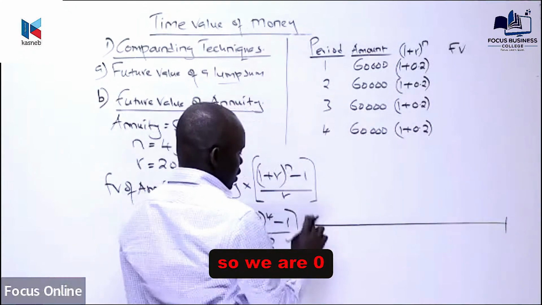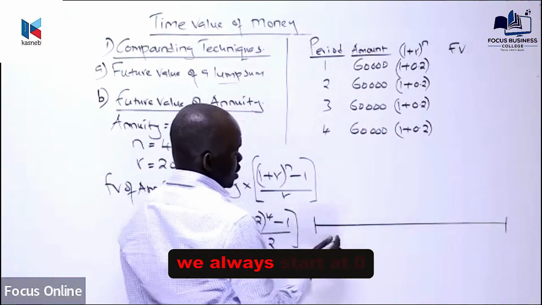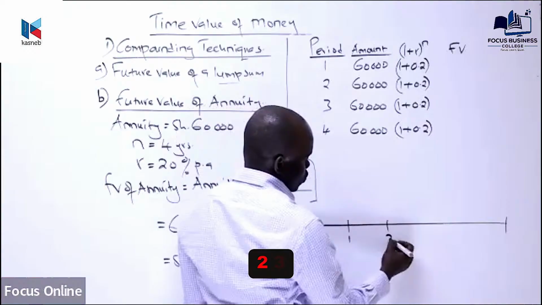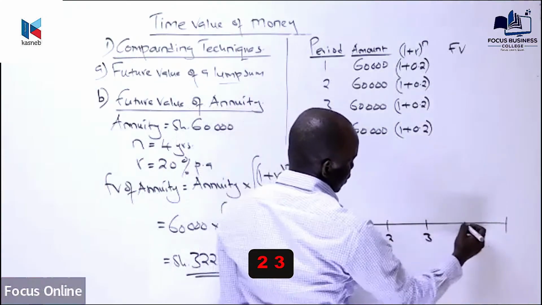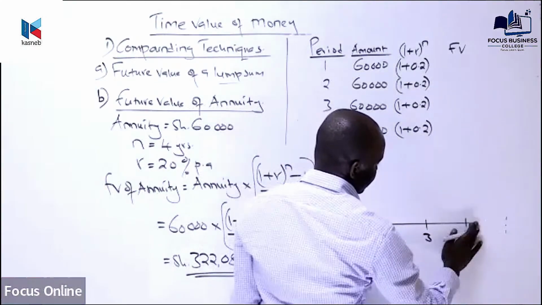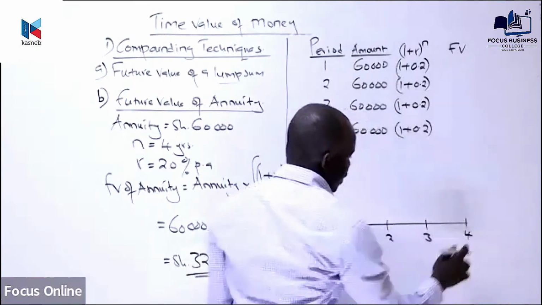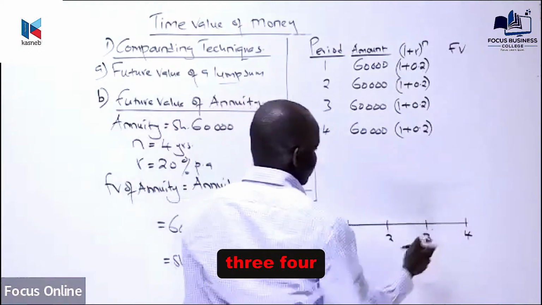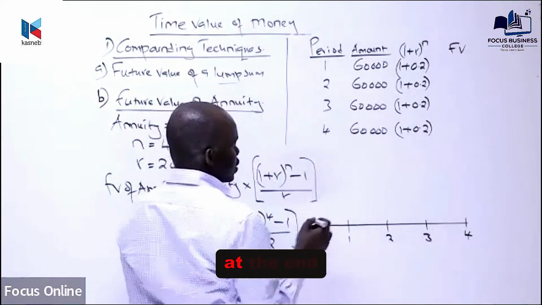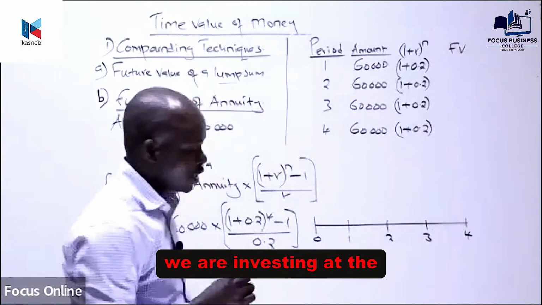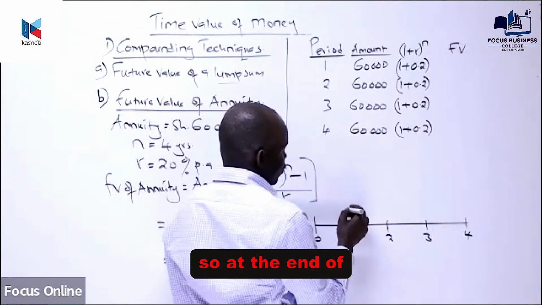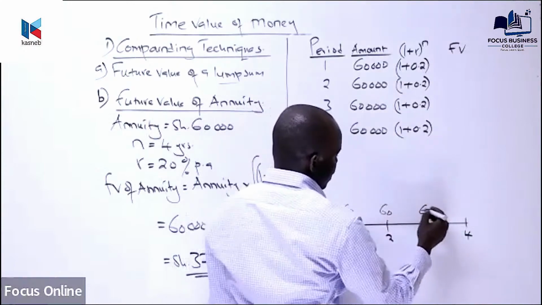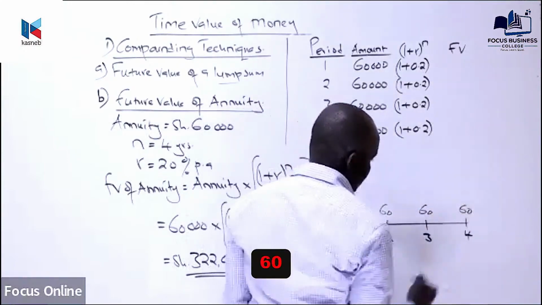So we always start at 0. 0 means now, then 1, 2, 3, 4. We're talking about 4 years. Here we are investing at the end, so at the end of each year, 60, 60, 60, 60.